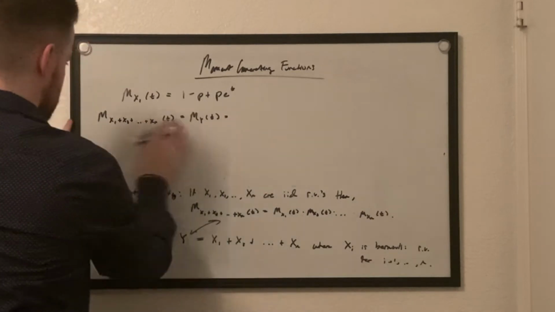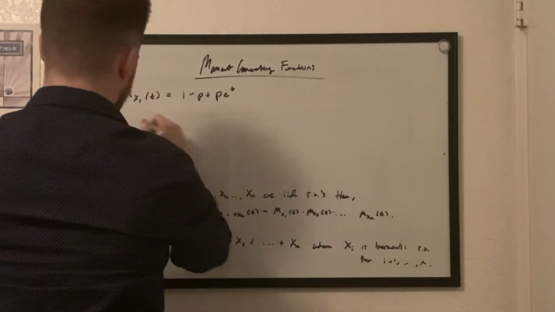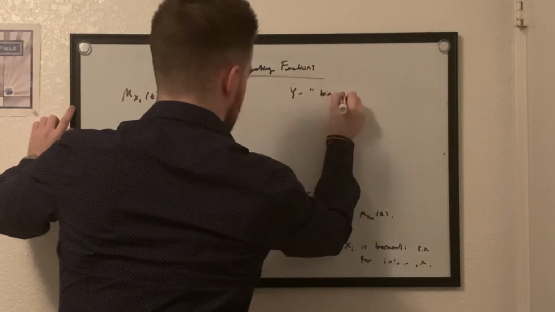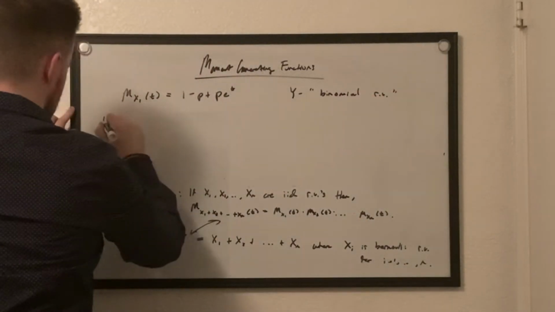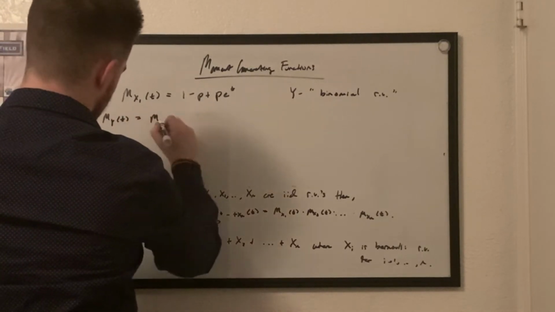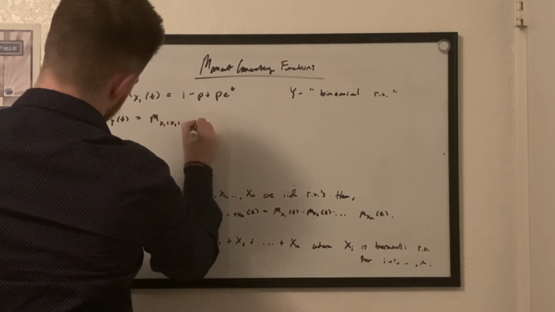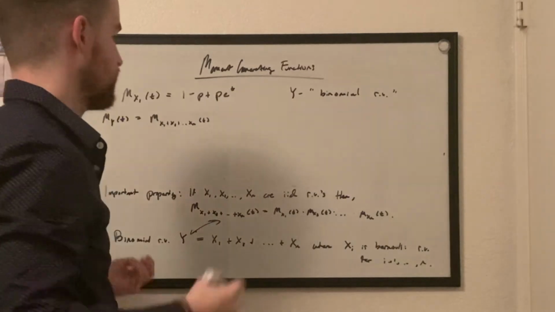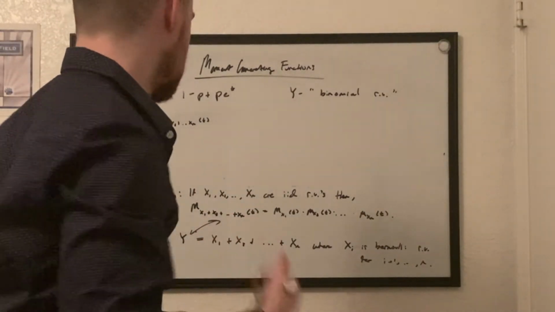If we let Y be a binomial random variable, the moment generating function of Y is equal to the moment generating function of X1 plus X2 plus all the way to Xn of t, just based off the definition of a binomial random variable being the sum of independent and identically distributed Bernoulli trials.